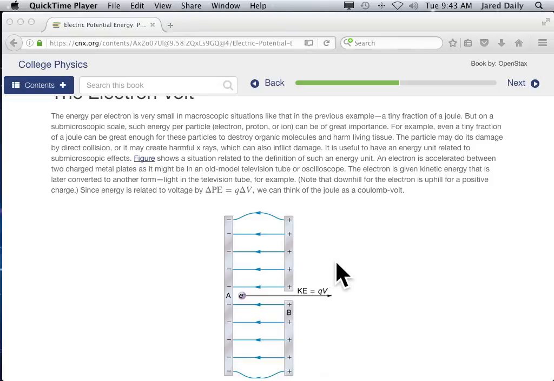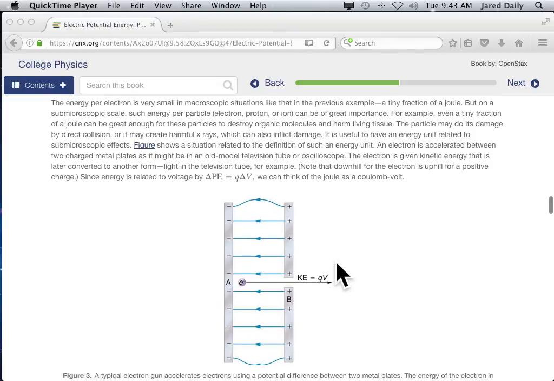Okay, so now a new way to think about this. When you're dealing with small particles like electrons and protons, it's kind of hard to talk about how many joules of energy they're going to have, because even a charge that's moving very, very quickly can have a very small amount of energy because its mass is so small.